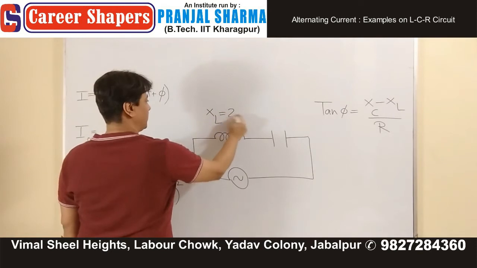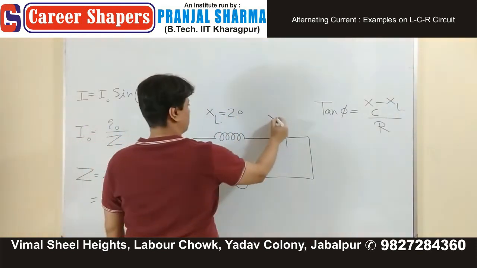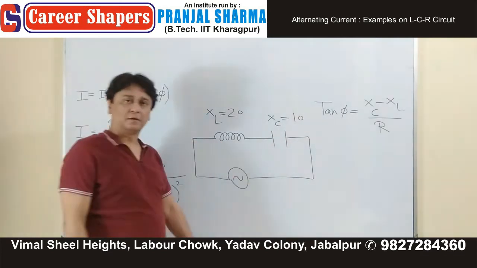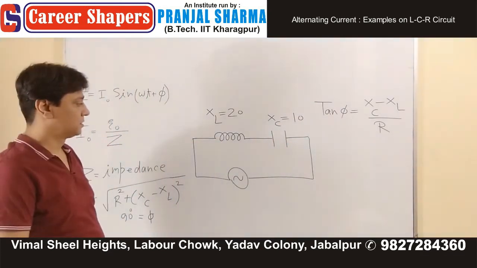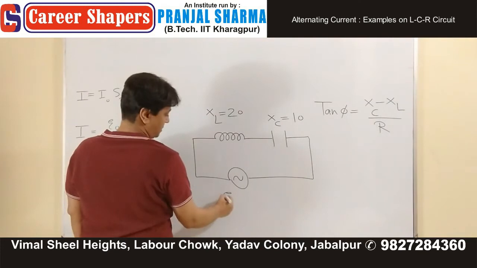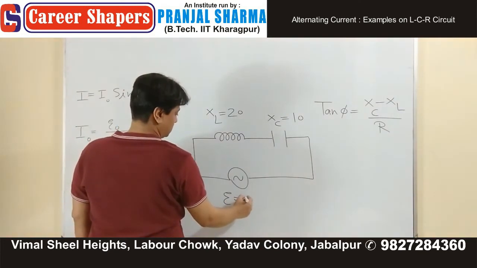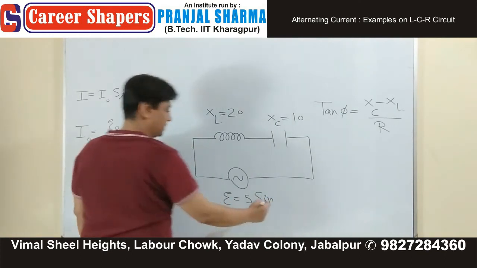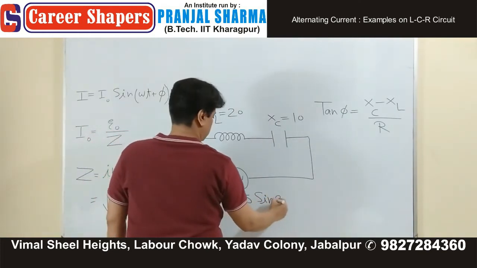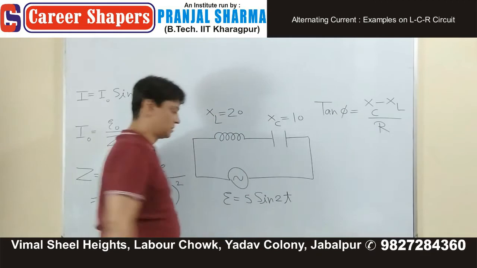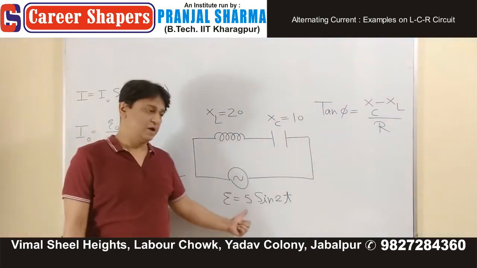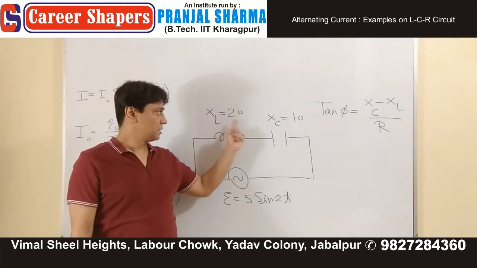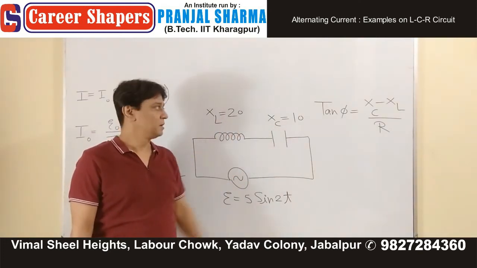XL is 20, XC is 10. E is 5 sine 2t. This is the EMF, 5 sine 2t. XL and XC.